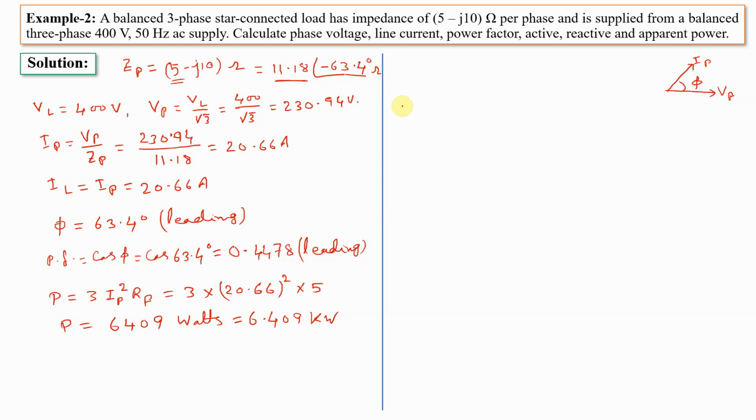Next is the reactive power too. It is root 3 VL IL sin phi. That is the reactive power of a three-phase circuit. So VL is 400, IL is 20.66, and sine of the phase angle, that is 63.4 degree.